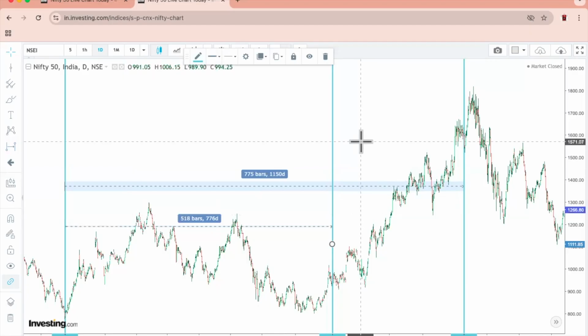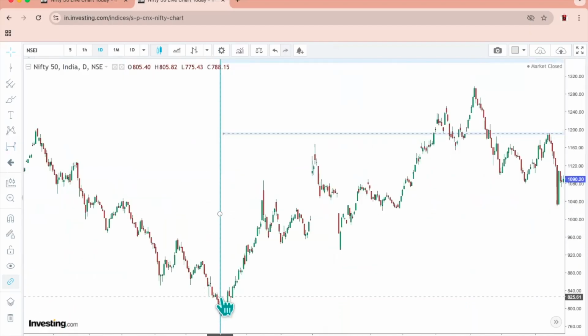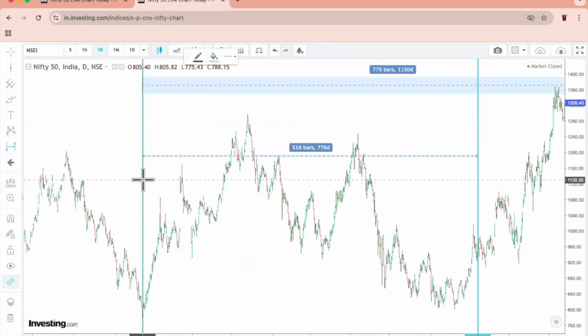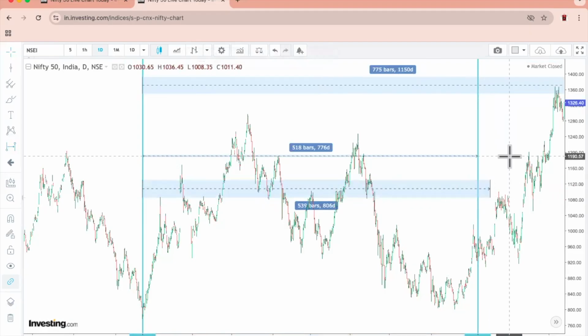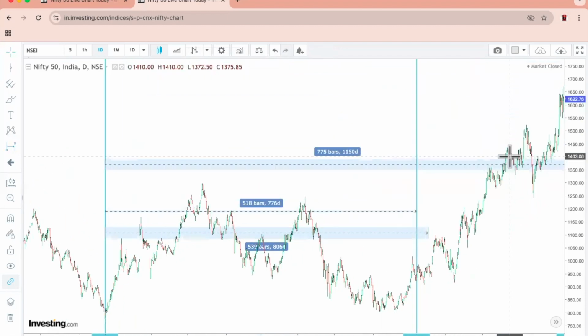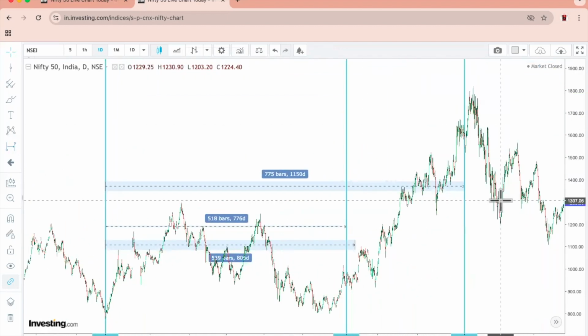Now what we'll do is probably try to get the high of this candle, which is 805. This is 806. In a similar way, we'll try to see 806 trading days.